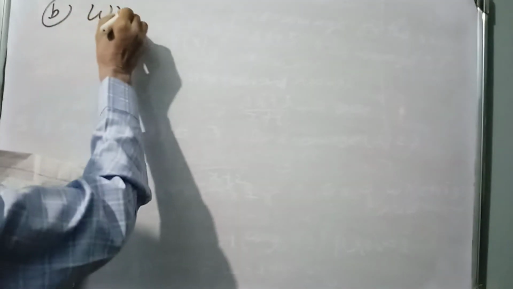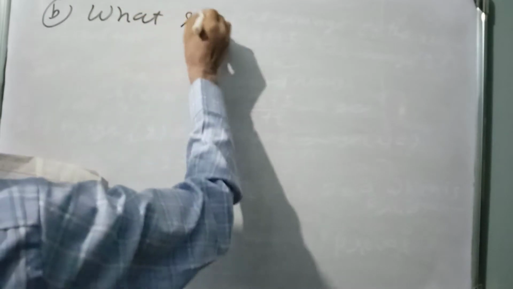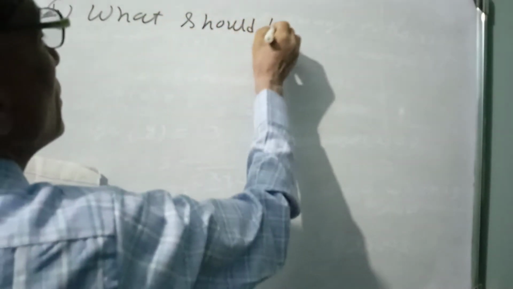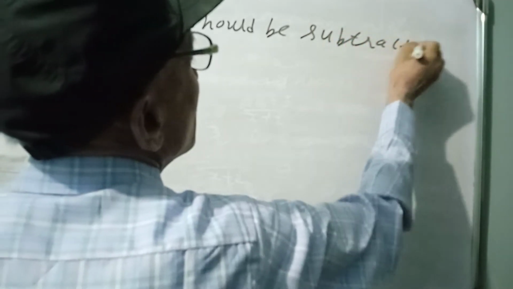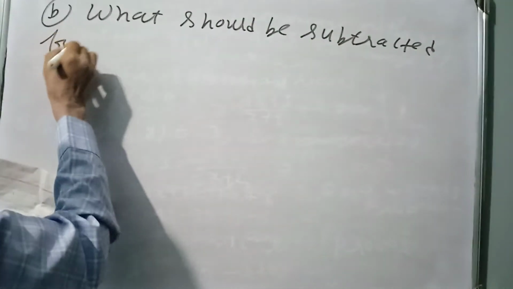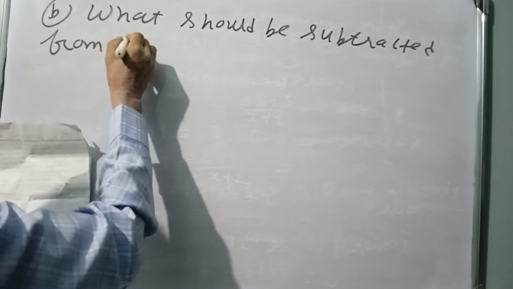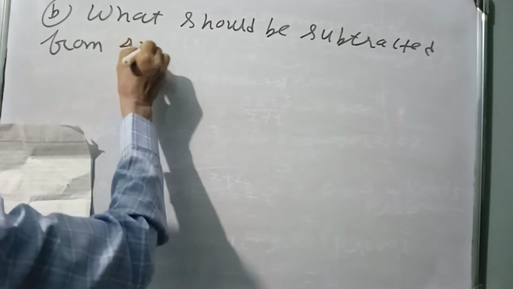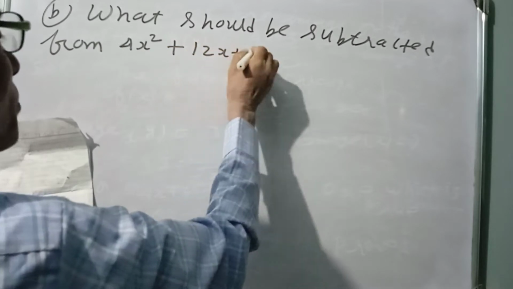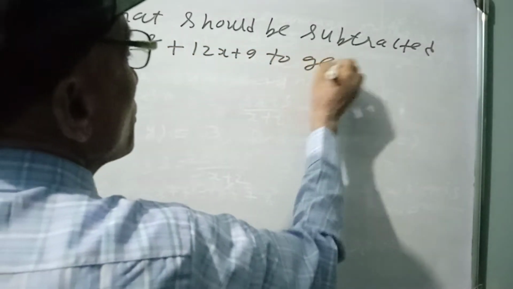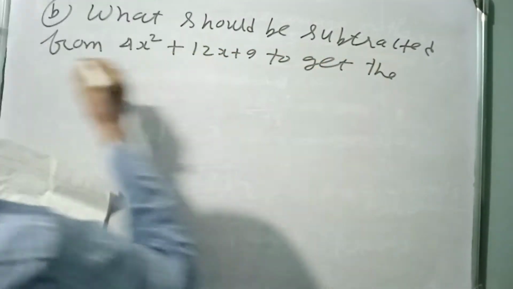B. What should be subtracted from 4x square plus 12x plus 9 to get the result?